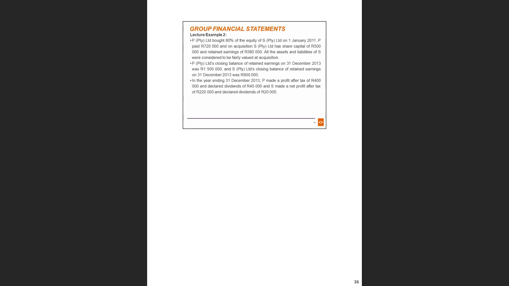Do you agree this 900,000 Rand is going to include the pre-acquisition profits and the post-acquisition profits? So this 900,000 Rand will have to be split into pre-acquisition profits and post-acquisition profits. Okay, so just looking high level, can anyone tell me if they can calculate what the post-acquisition profits will be?